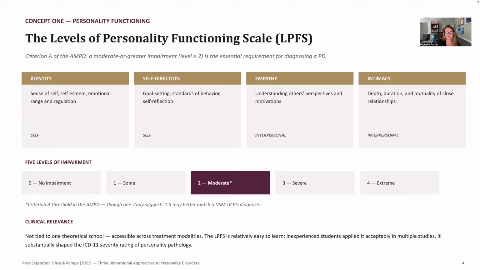However, there's a little asterisk on the criterion A threshold in the AMPD: one study suggests 1.5 may be a better match to DSM personality disorder diagnosis. So right now they're saying you have to be at a 2. However, there is one study that suggests 1.5 might be better. Anyway, these are the 4 different levels of personality functioning. We have identity.